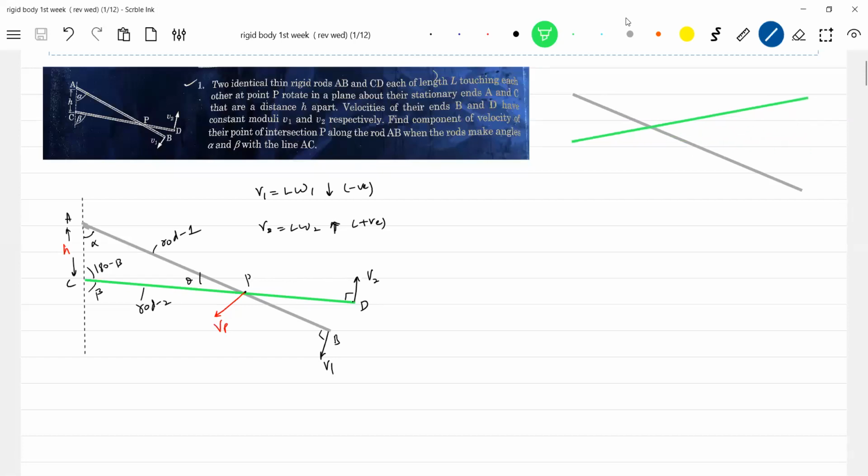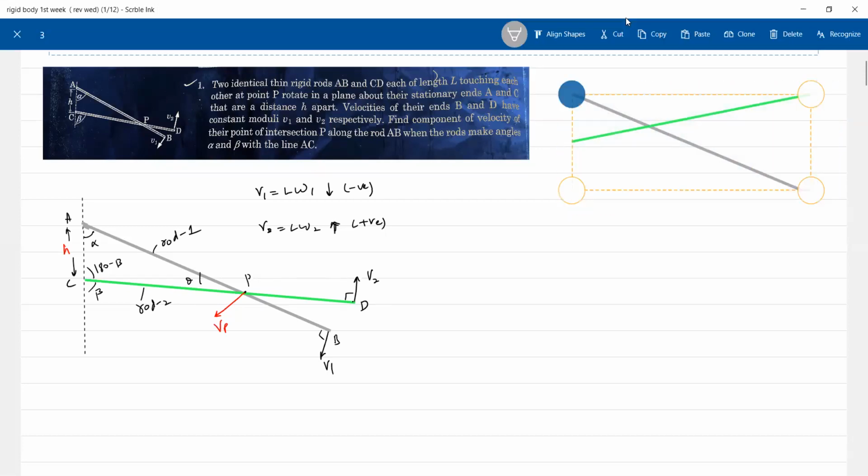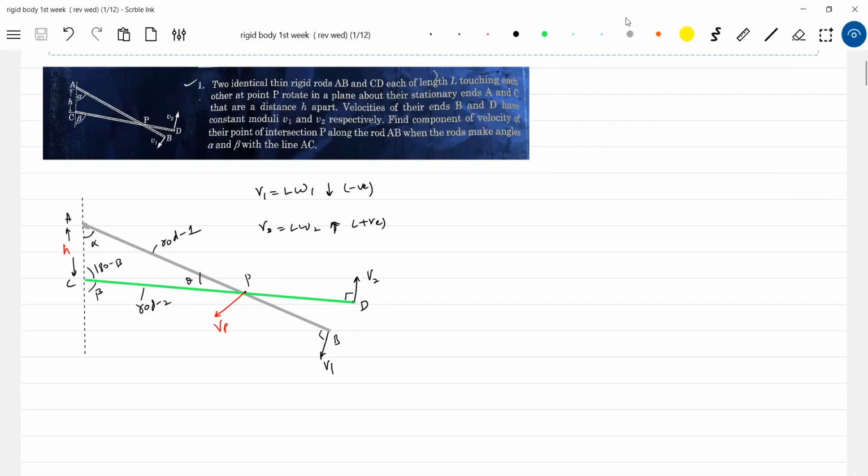Then definitely the point of intersection will move in a plane. Its component along the rod AB is what is being asked. So try to see the point of intersection now. Earlier it is here. Now, when both rod 1 and rod 2 are moving, you should imagine. I can't show that, only rough. So I take help of the distance AP.